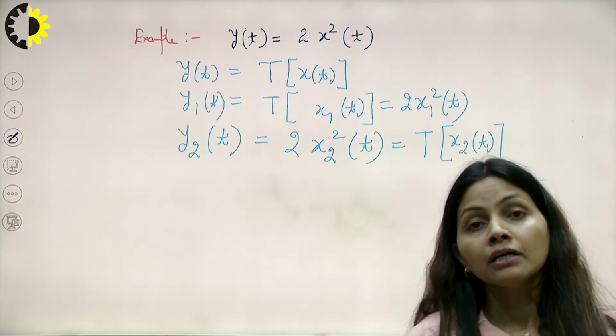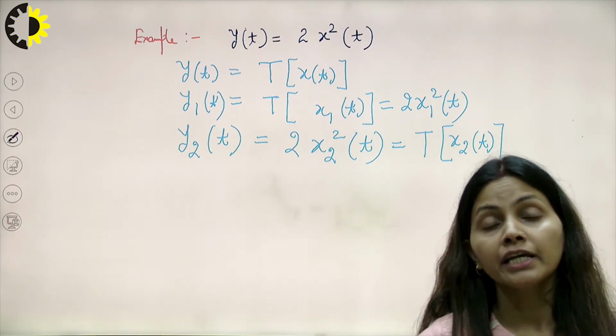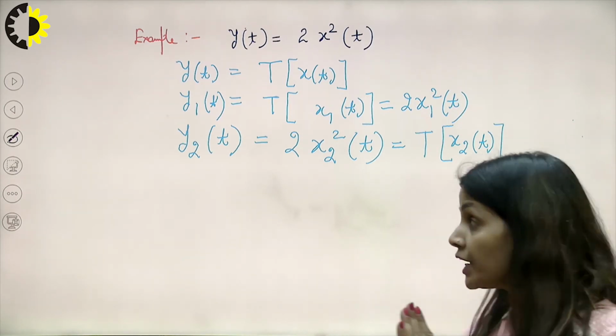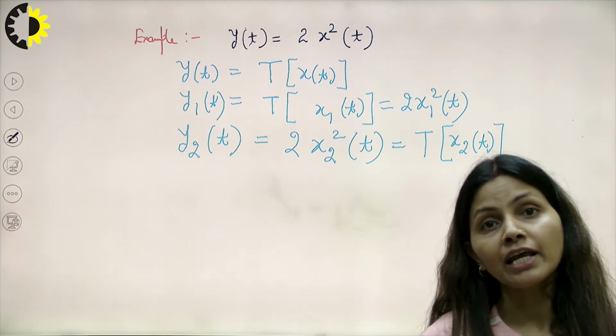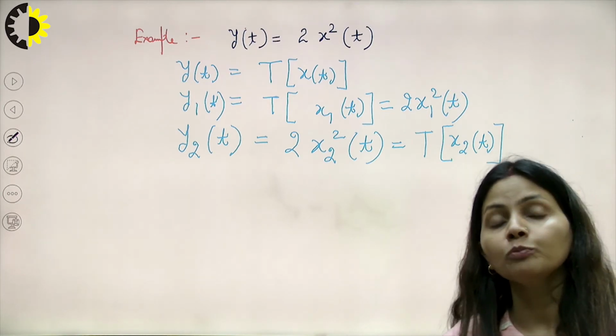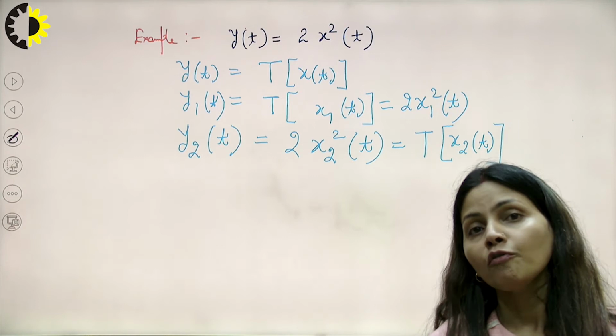The two actions take place for x1(t) as well as x2(t), and the corresponding outputs are y1(t) and y2(t).